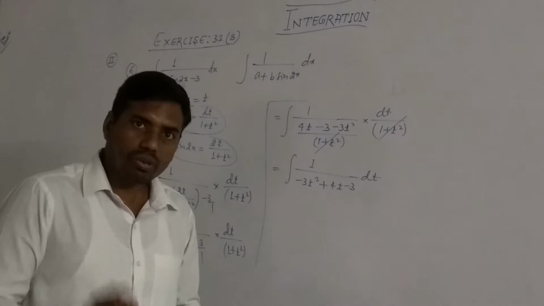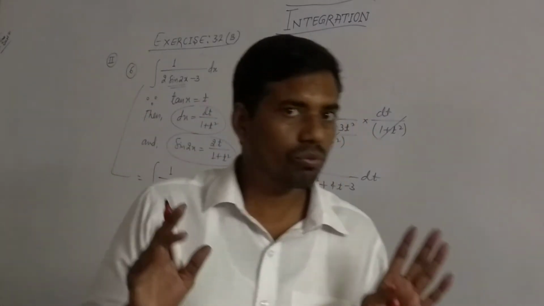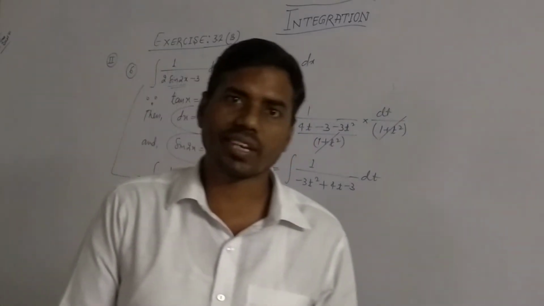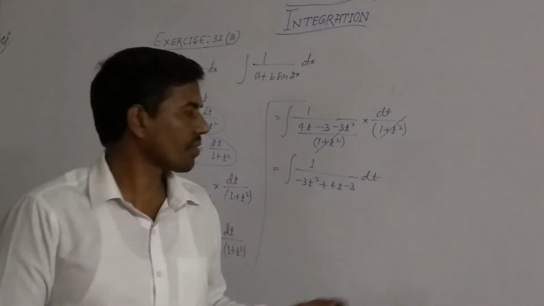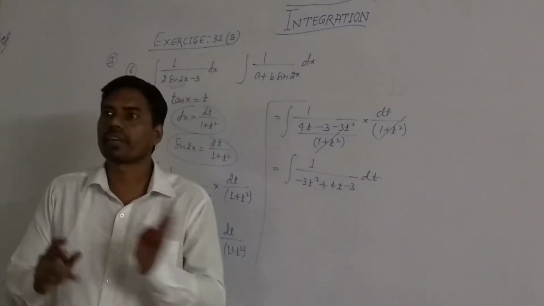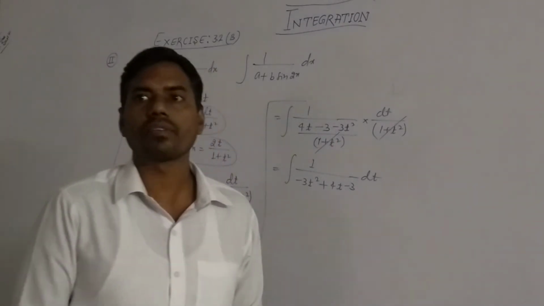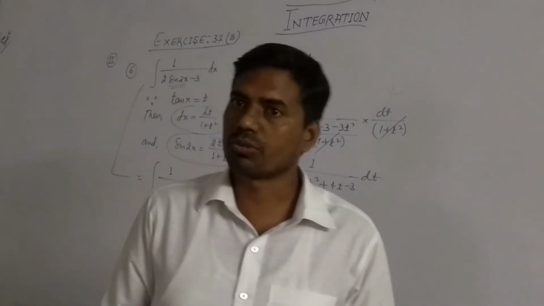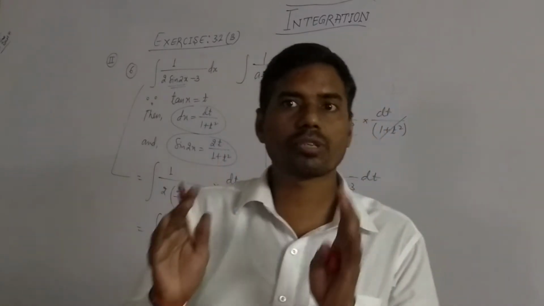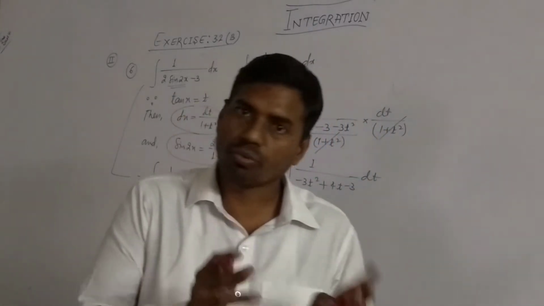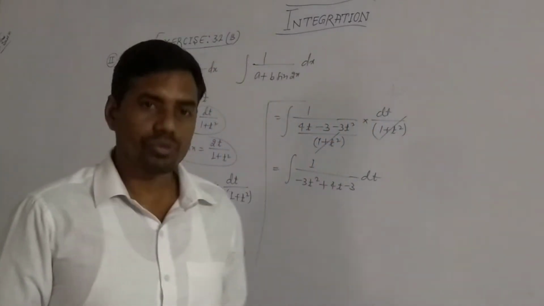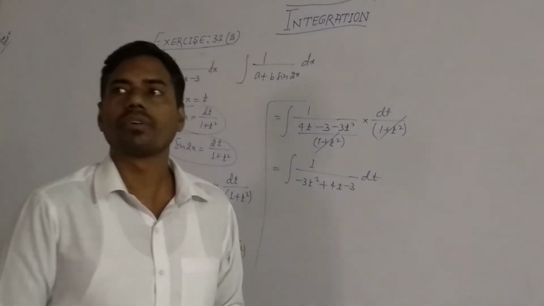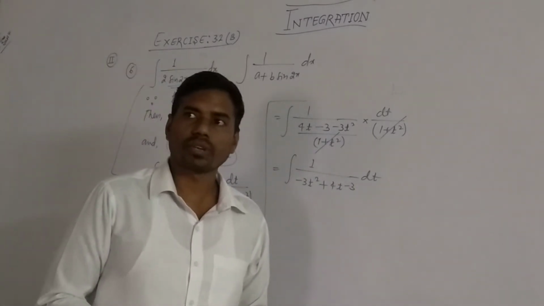Okay, so we get a quadratic expression in t. We have to make a perfect square of this quadratic expression in t, that is, convert it into a perfect square form. Then we are able to apply our special integral formulas after converting it into the form of a perfect square.